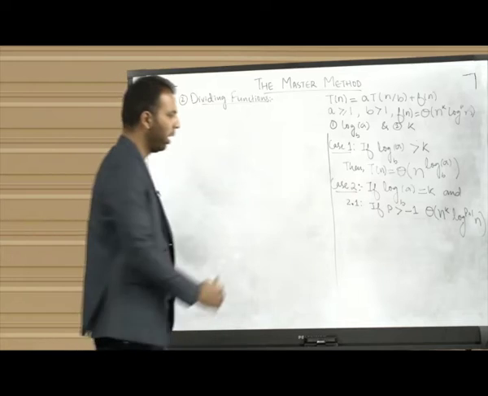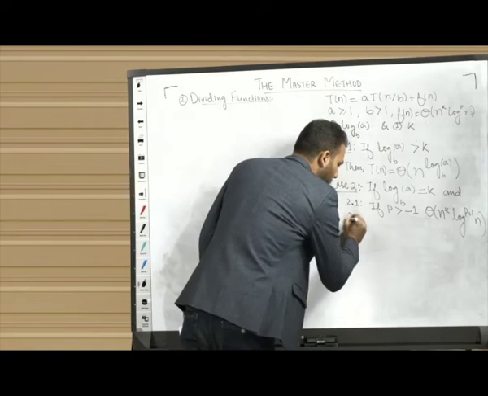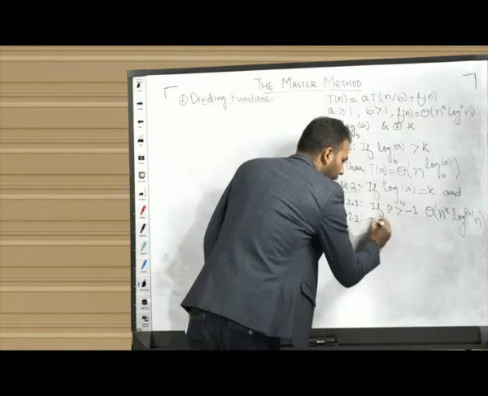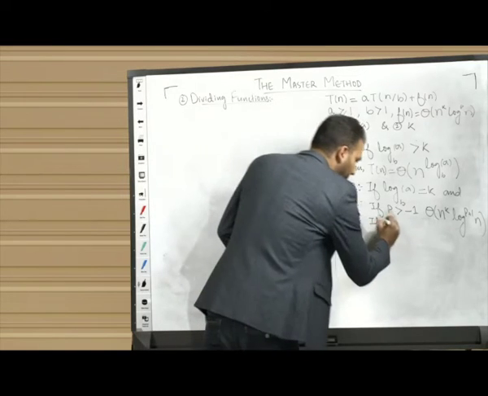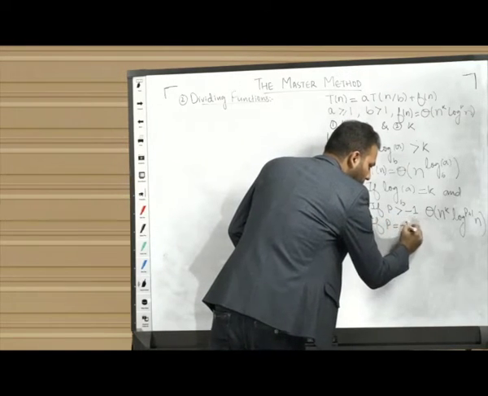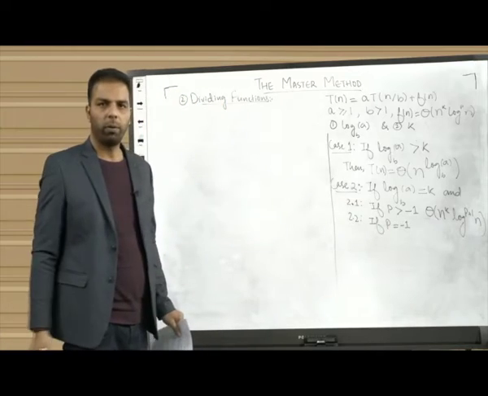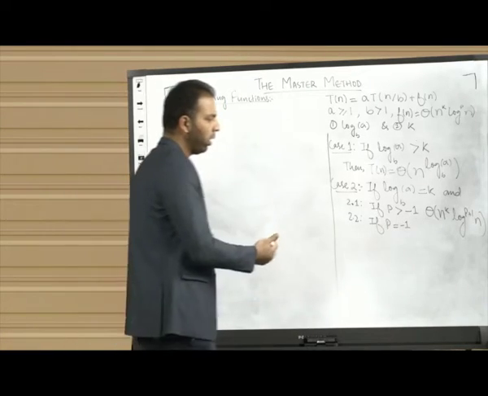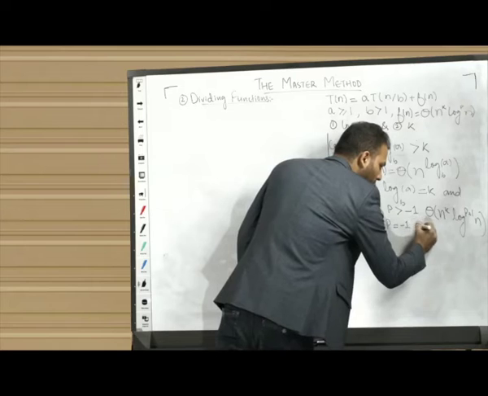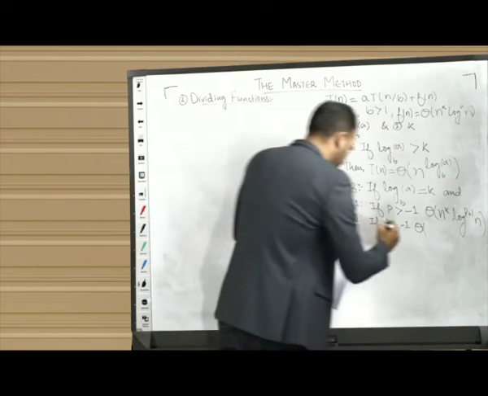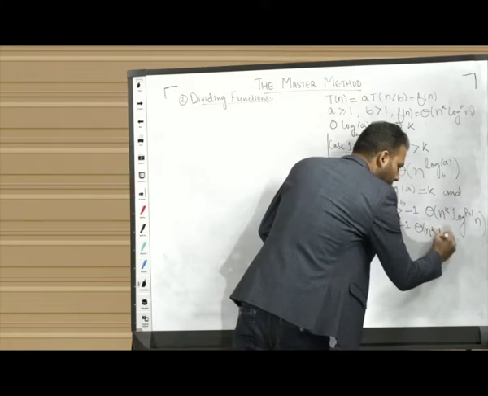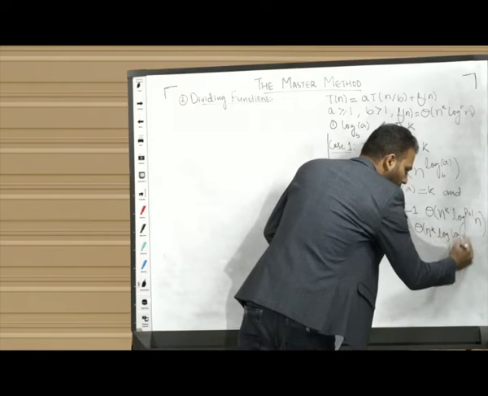Another case is 2.2, that is if p is equal to -1. If p is equal to -1, then what will be your T of n? It will be of the order theta n raised power k log n.